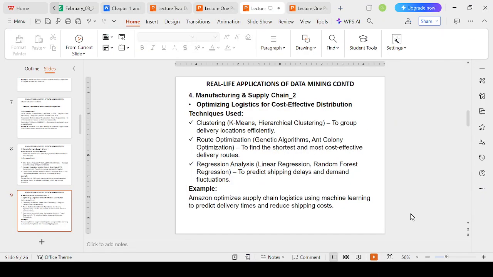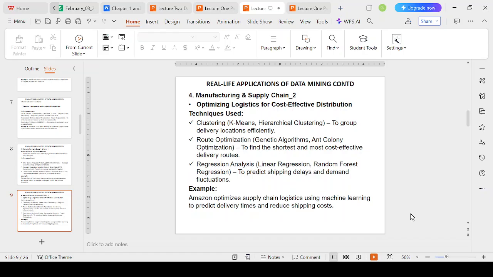Still on manufacturing and supply chain, optimizing logistics for effective distribution. K-means, hierarchical clustering can be used to group delivery locations efficiently. Route optimization, genetic algorithm, ant colony optimization are techniques that can be used to find the shortest and most cost-effective delivery routes.